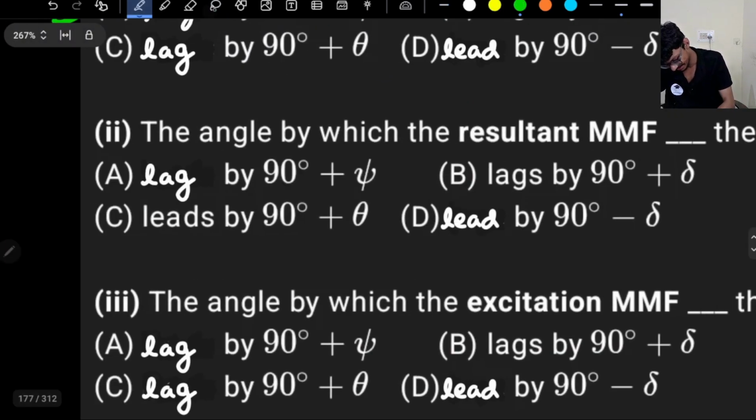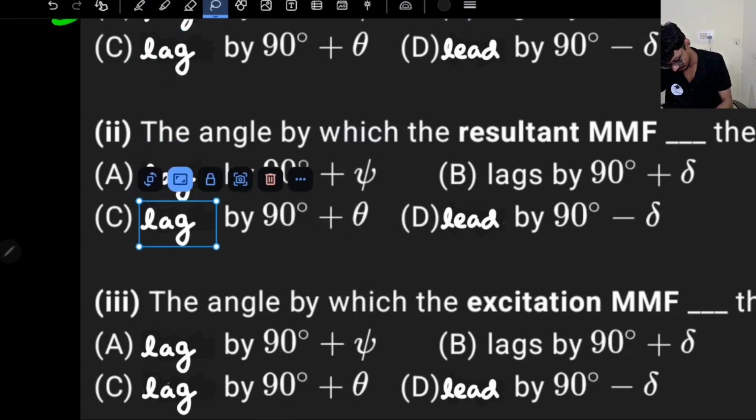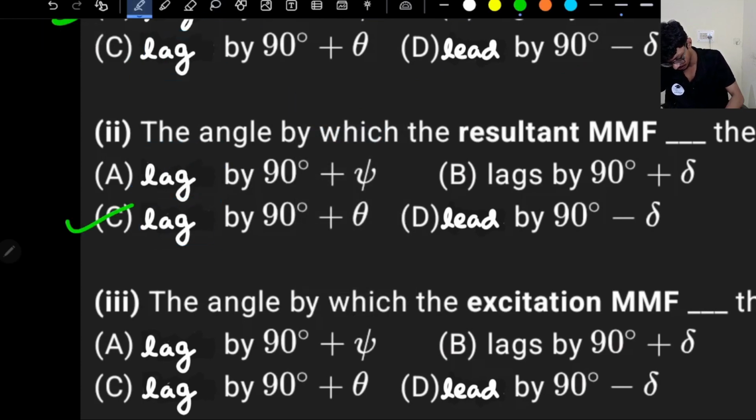Again I missed this main point, which I did not copy here. So this will be lag, option C.